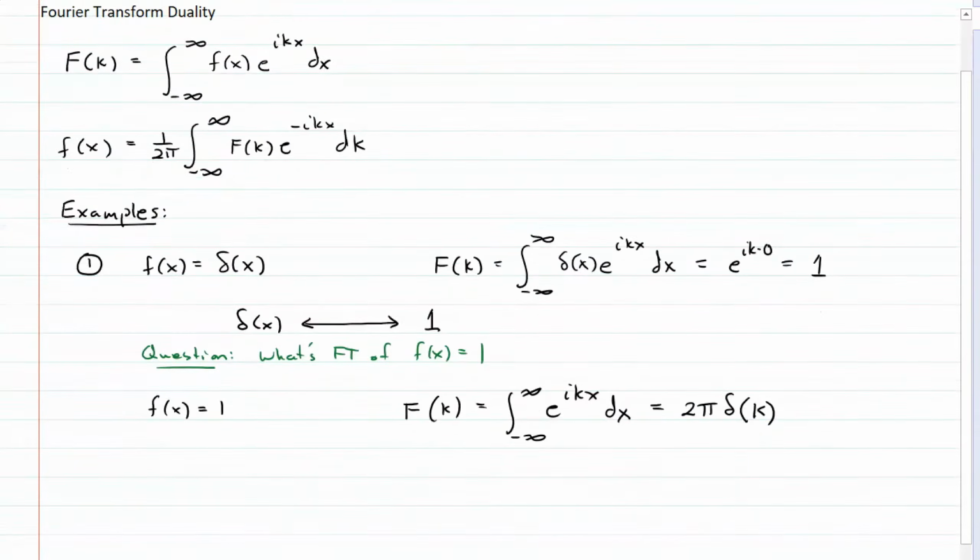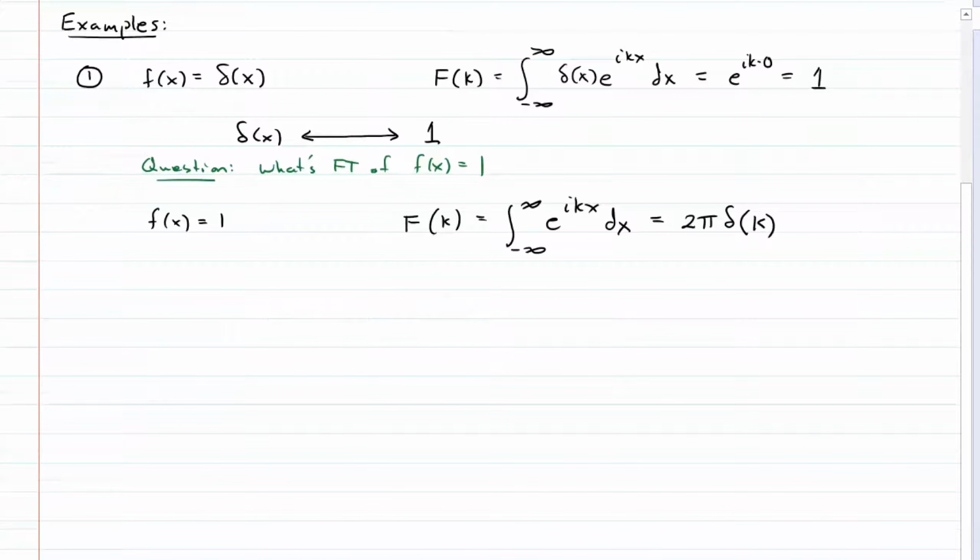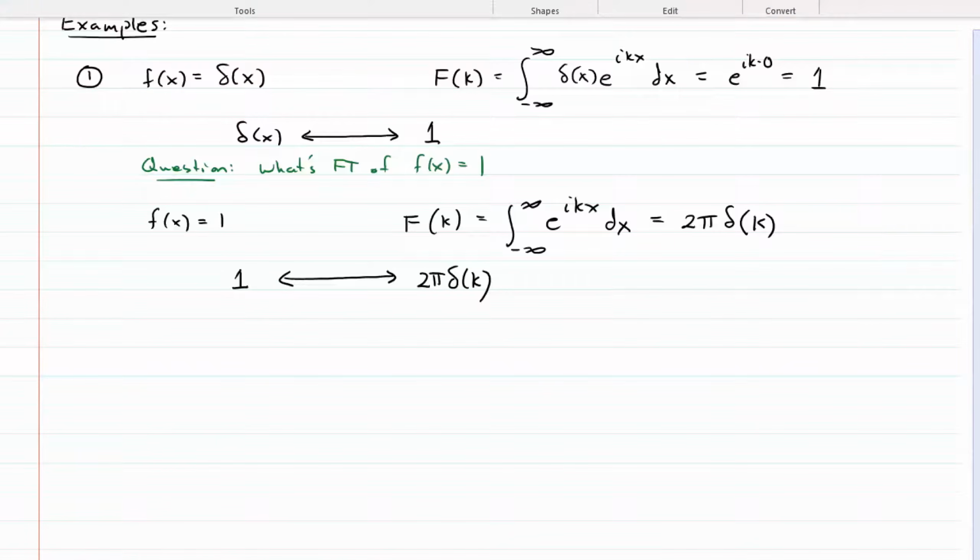So what we found is that we have another Fourier transform pair, which is 1 and 2 pi delta of k. And maybe you can see what I'm getting at here, which is that this thing, if I Fourier transform it, I get 1. And 1, if I Fourier transform it, I get the thing back again, 2 pi times delta of k.